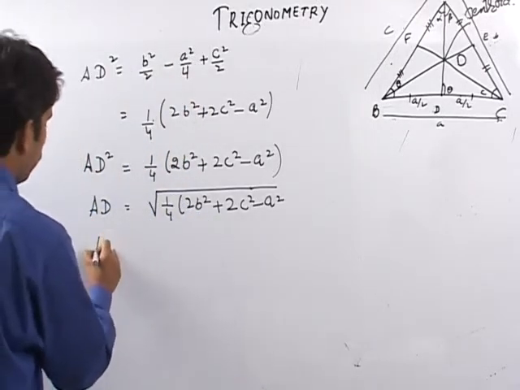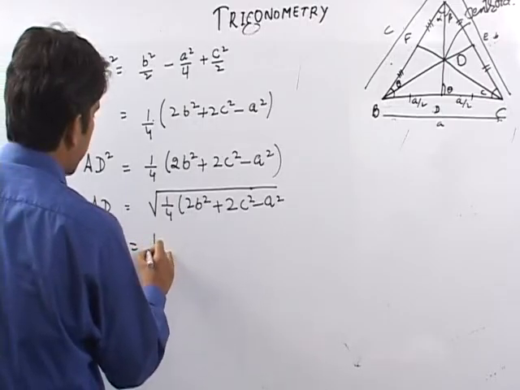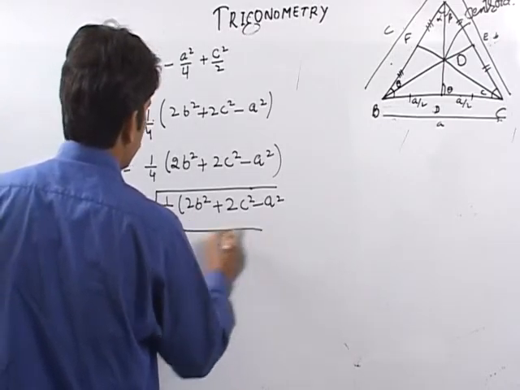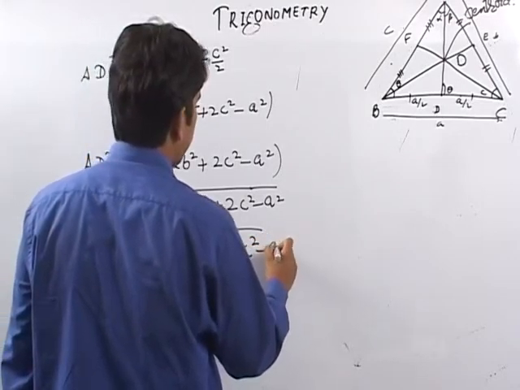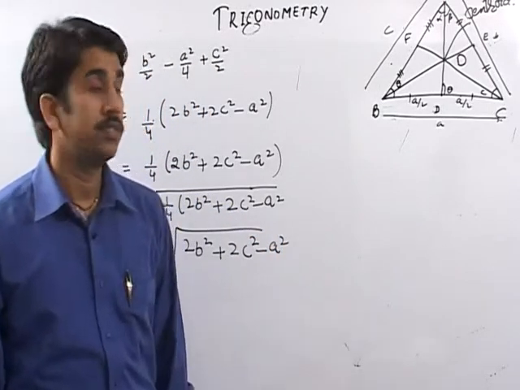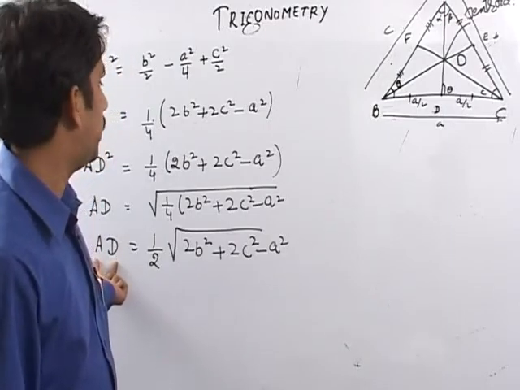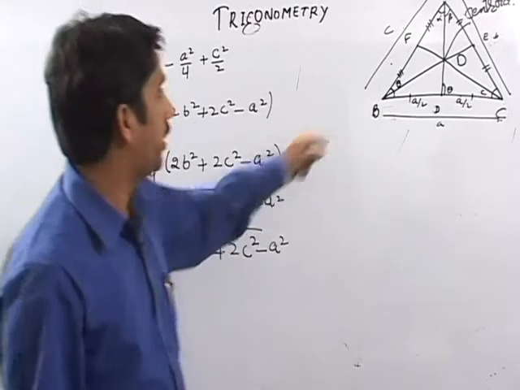Then when you take 1 by 2 outside, you will get 1 by 2 root of 2B square plus 2C square minus A square. This is the length of median AD.